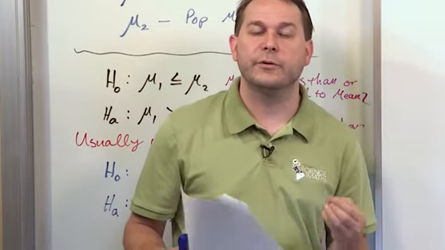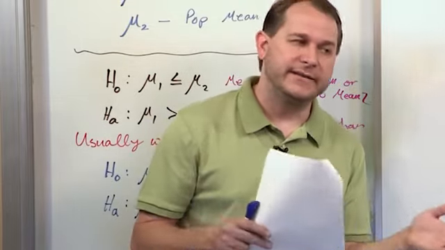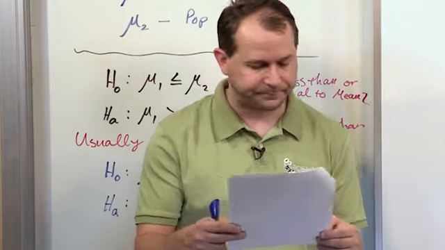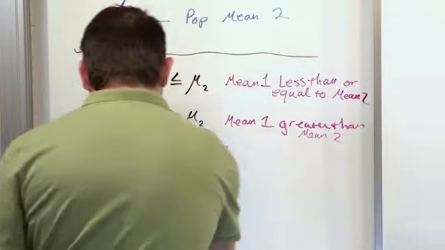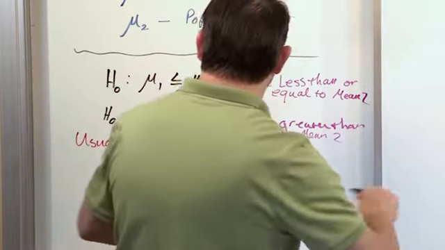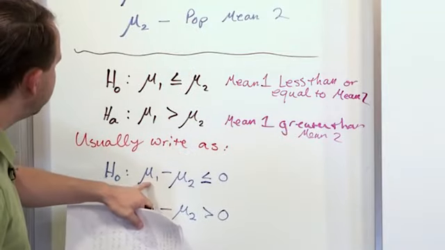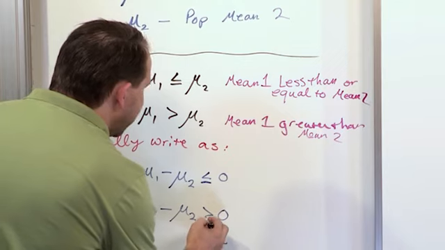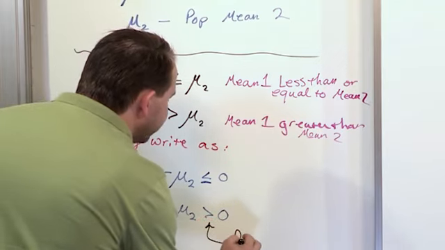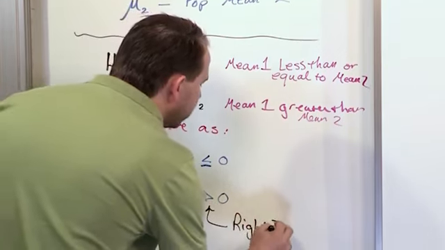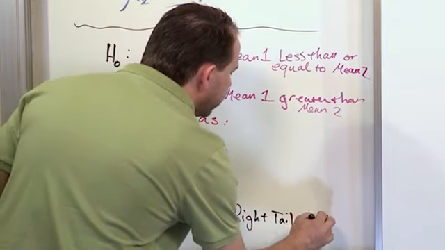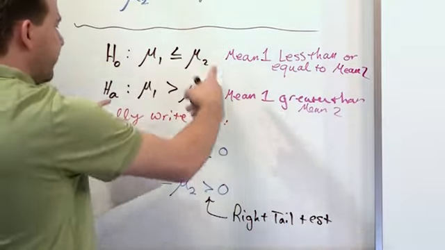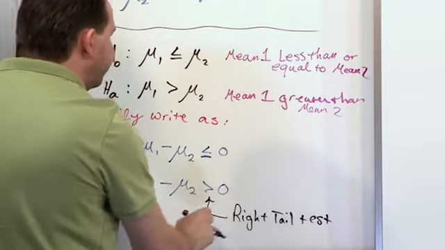But usually in your hypotheses, you're going to see a difference in the two means, typically. So to give you another example of that, we have the difference with a less than, and then we have a greater than. Because of this guy, this is just like before, this is a right tail test. So this is going to be a normal distribution with a right tail shaded region, just like we've done before.